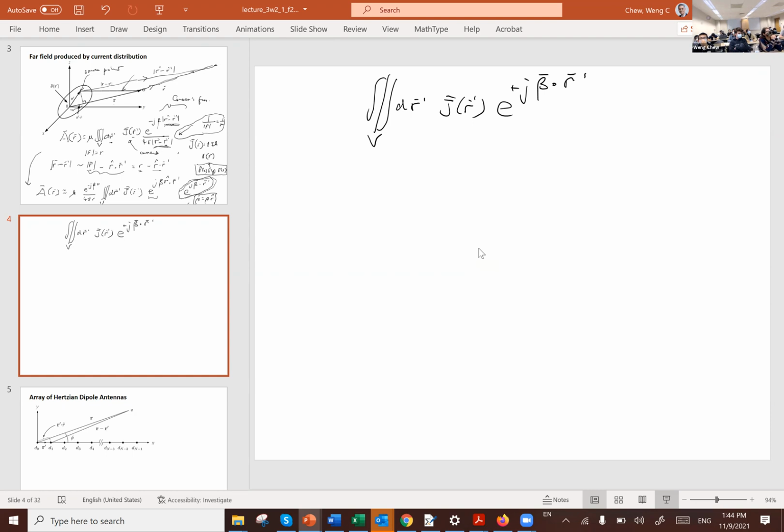And what comes to your mind immediately when you stare at this integral? Does it ring a bell, or does it conjure up an image as to what integral it is? Yes, Logan? It's the Fourier transform integral, right? Because I can choose to explicitly write this exponent in its explicit way. It actually is a 3D Fourier transform.